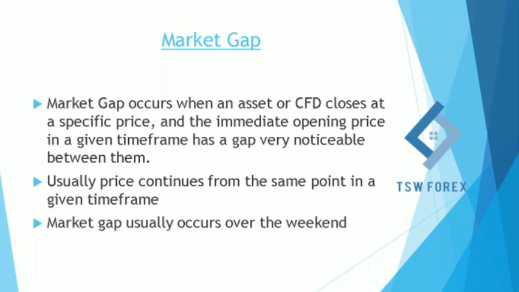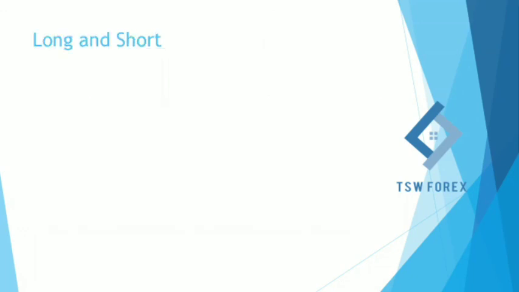Between Friday and Sunday, anything can happen. You might have news events or world events or geopolitical events taking place over the weekend, and that can shift the economic balance and create a gap in the market price, and that can be against you or with you. So most traders are advised to close their trades before the weekend. This is what a market gap is.